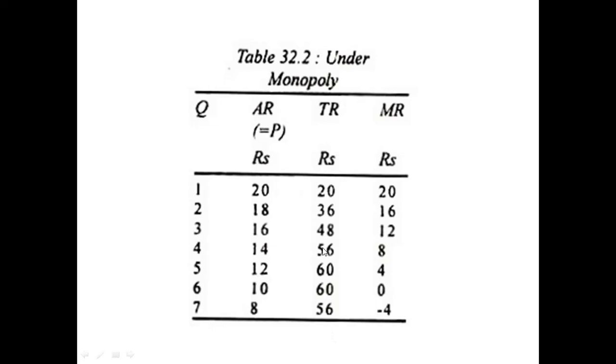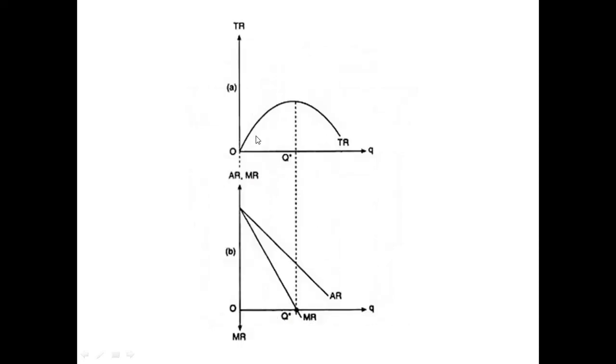Why does it happen? You can see this from this graph of TR, this upward sloping and downward sloping curve. It basically signifies your TR curve. Initially it increases with increase in output, then it reaches its maximum point and remains constant for a while.